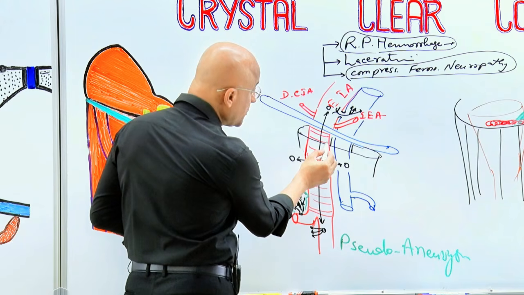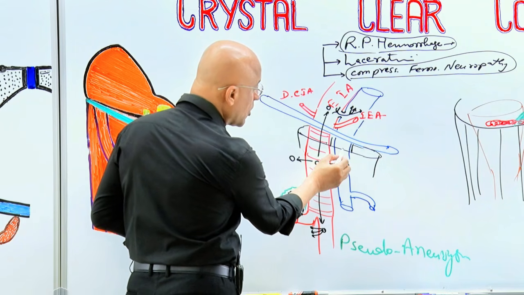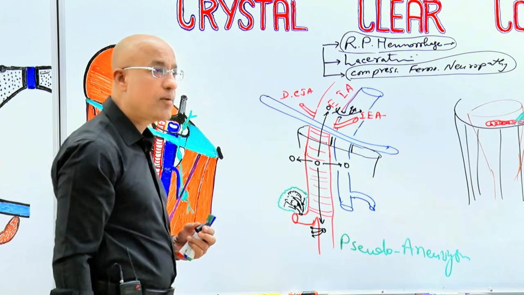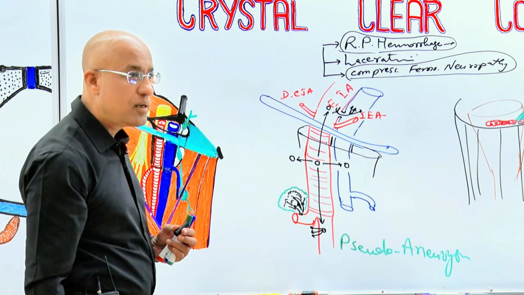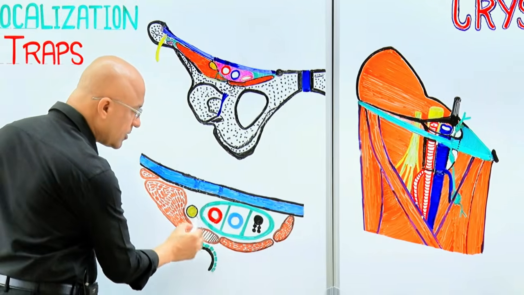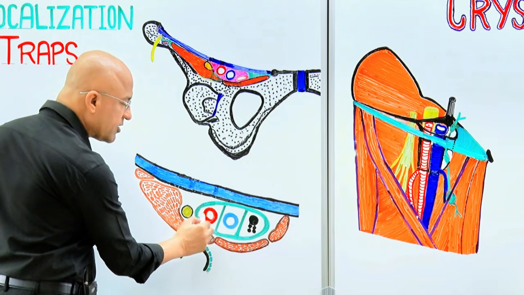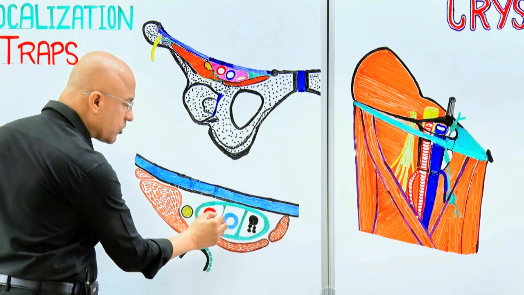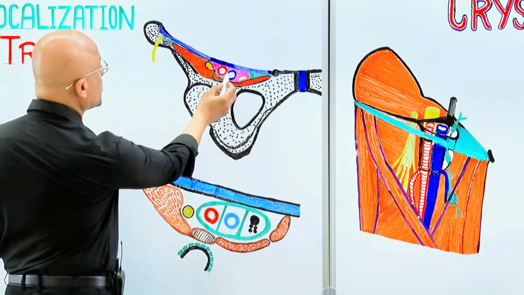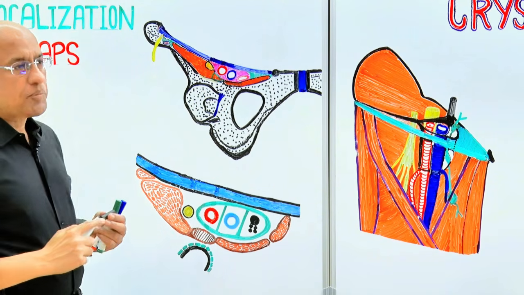Now, between the common femoral artery and common femoral vein, there is a septum of the femoral sheath. If you come over here, you look, this is the femoral sheath, right? Common femoral artery, golden segment, and the associated vein, and there is a septum in between, right? You can see it here too. The septum is there. But there is a problem.